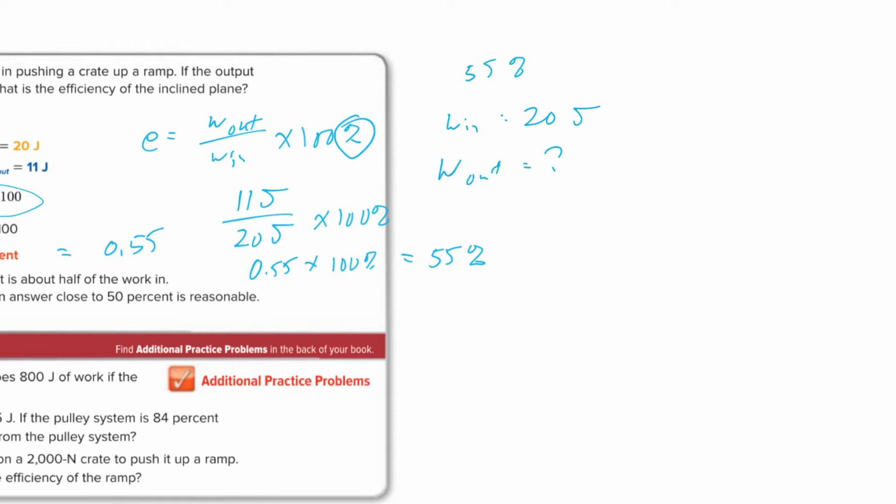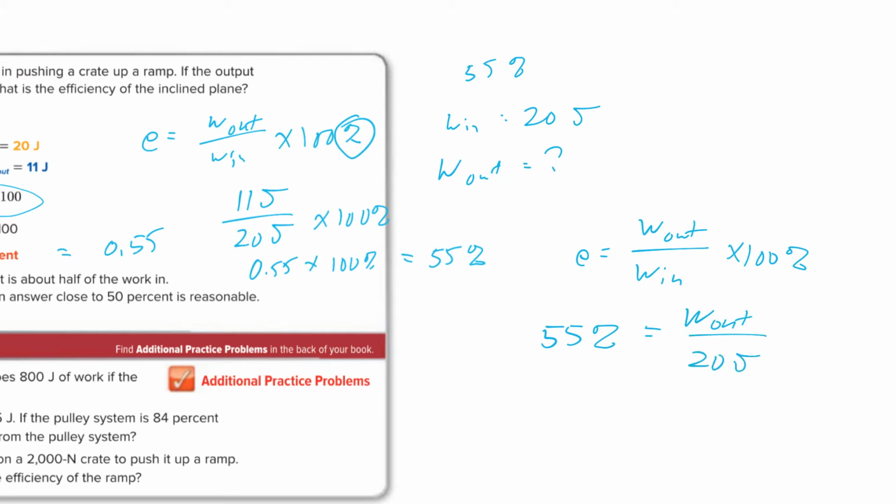Okay, so you'd set this up the same way. Efficiency equals work out divided by work in times 100%. And you plug in what you do know. So you know 55%. You do not know the work out. You do know the work in is 20 joules. And you know this is times 100%. Don't forget that, or it will not work out.